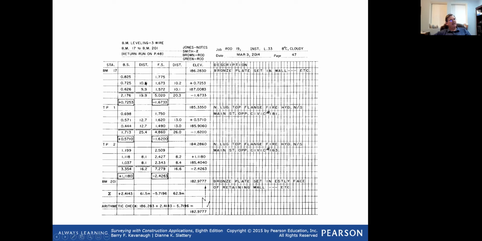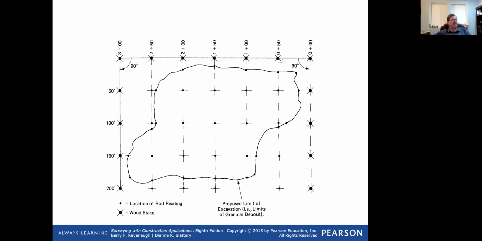And when you do that, you get these distances. You can read through the book and see how this works. You don't usually keep track of the distances that much. They can be done for cross sections, but the 3-wire leveling was also a technique for checking yourself and making sure what you read is in the right spot.